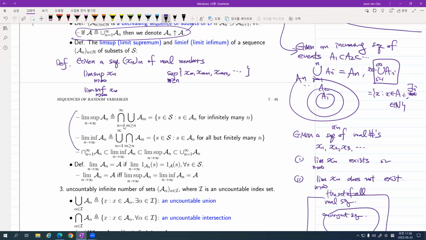You truncate your entire sequence x_1 to infinity, so you remove the first m terms, okay? Then what do you have? You can find the supremum of this set.